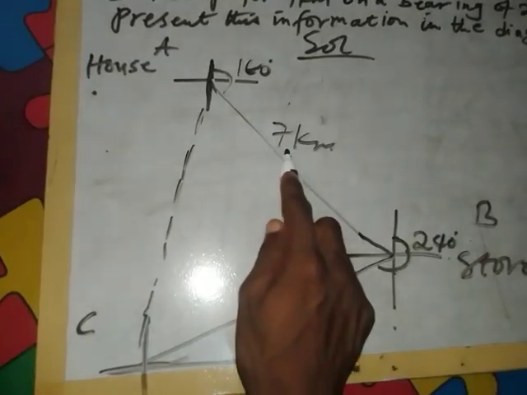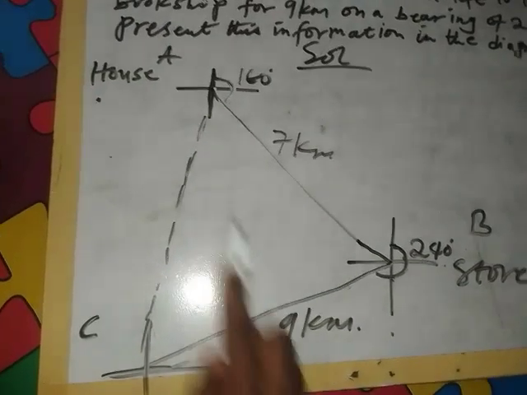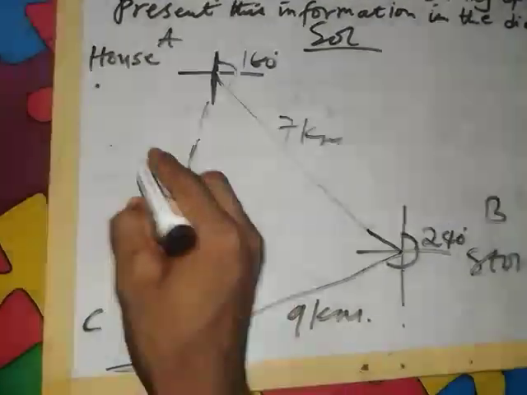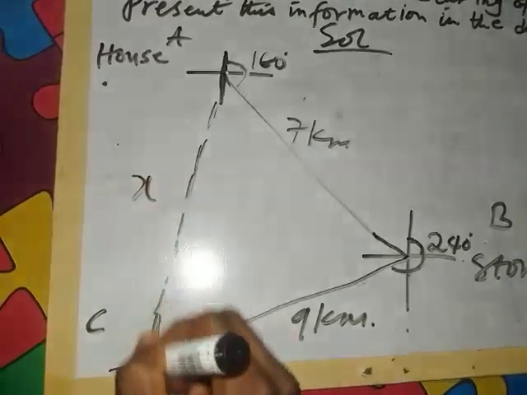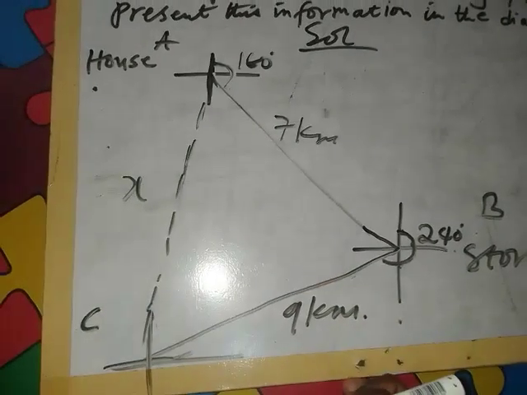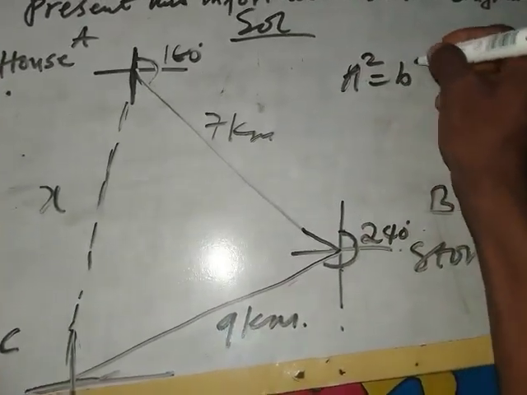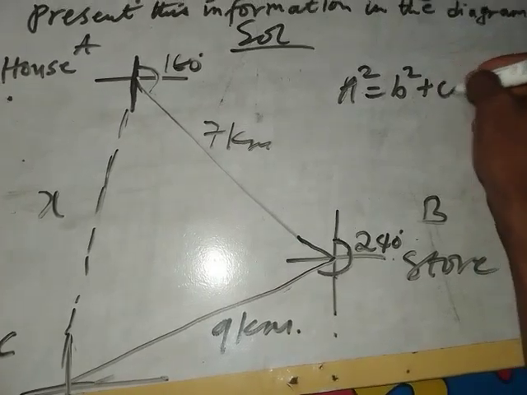AB is given as 7 kilometers and BC is given as 9 kilometers. If they ask you to find AC, you can call this side X. Then if this is 7 and this is 9, and you're asked to find the other side, you use your Pythagoras theorem, which says that A squared equals B squared plus C squared.